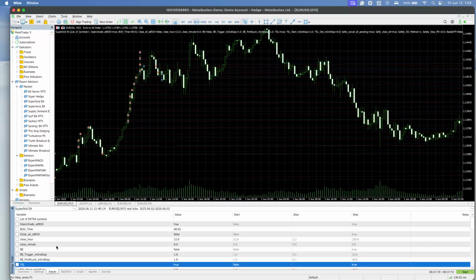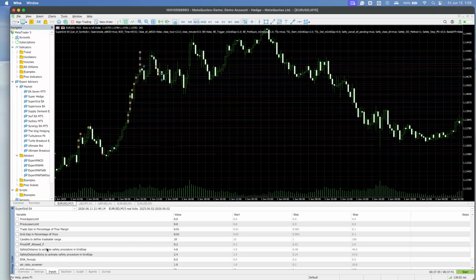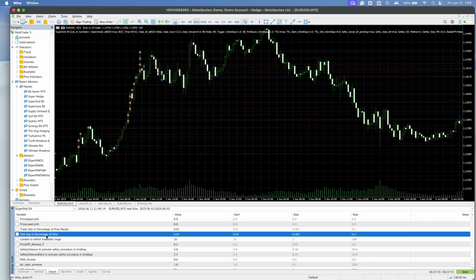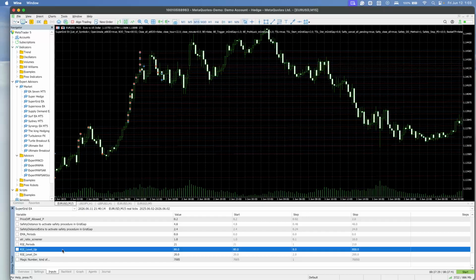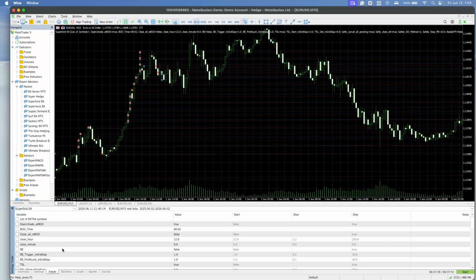Now, the main setting that they highlight is the grid gap percentage. This is it here, the grid gap, and also the trade size as percent of free margin. Then we have the RSI levels for filtering, and we have the break-even and trailing logic. We also have the safety drawdown methods with multiple options.